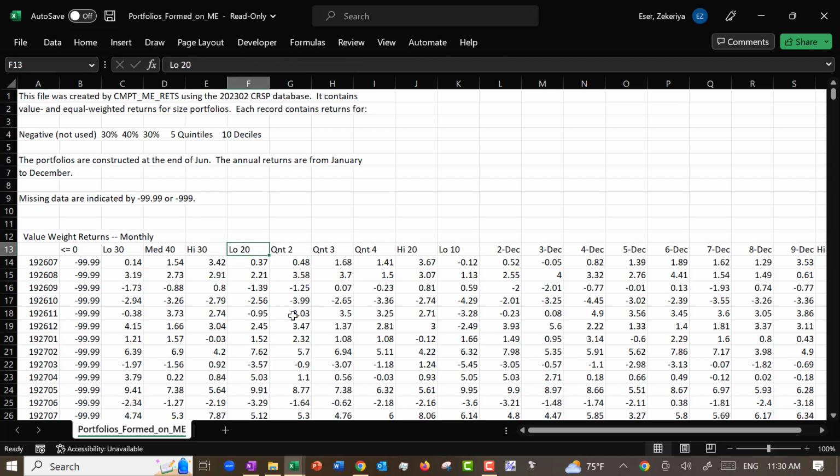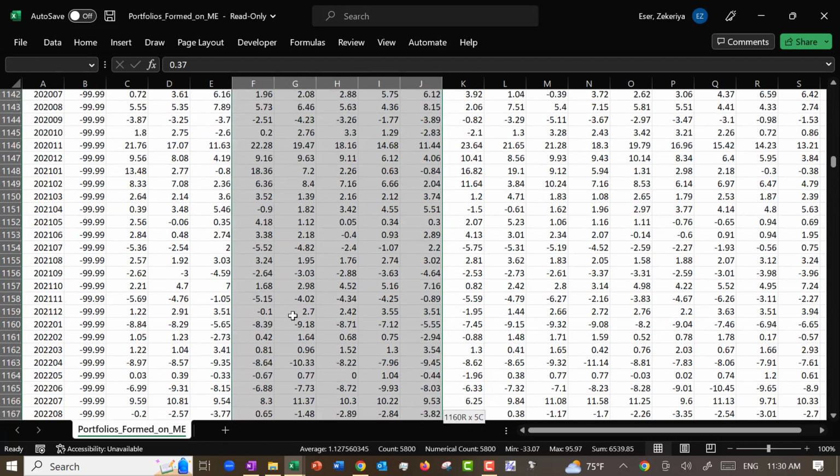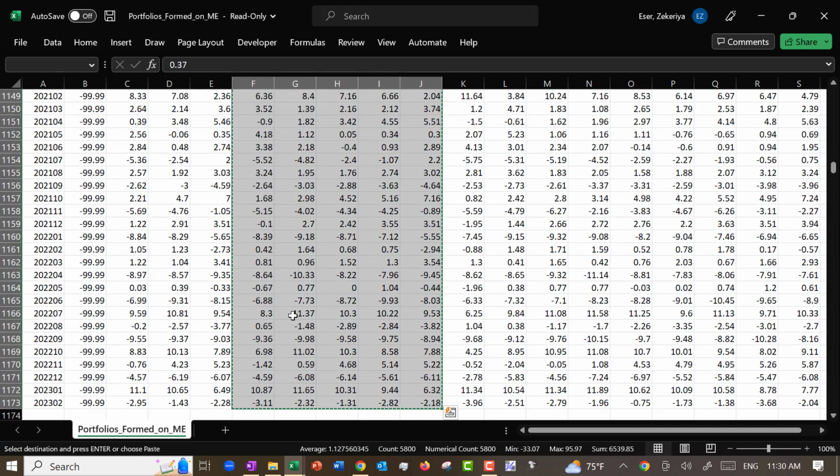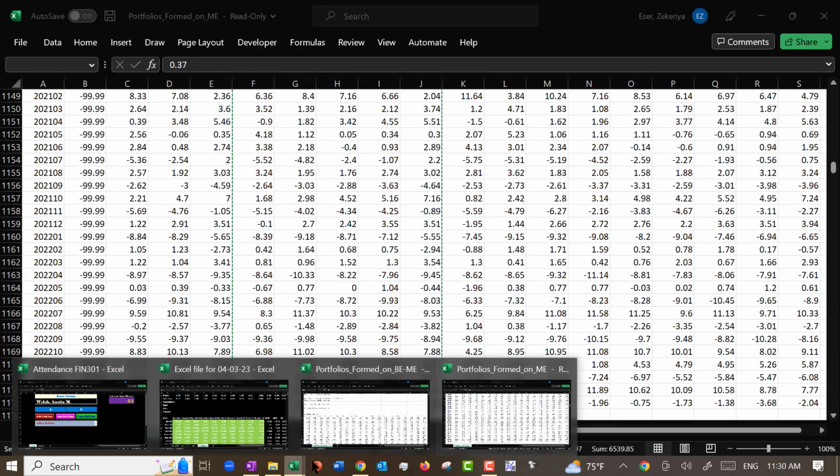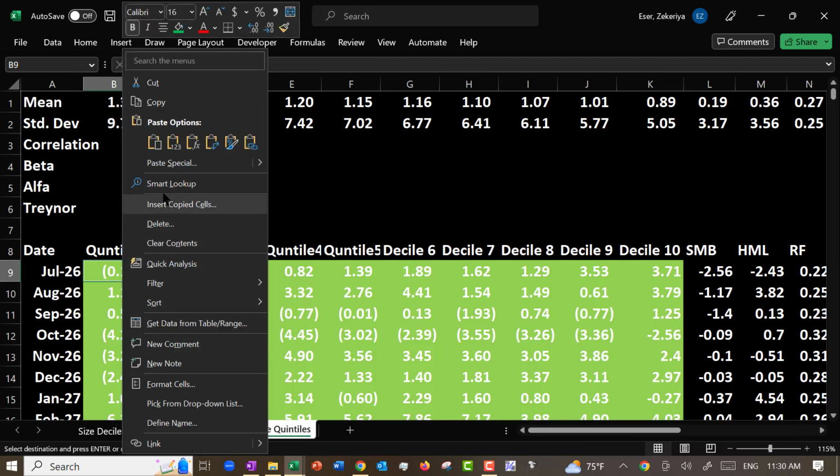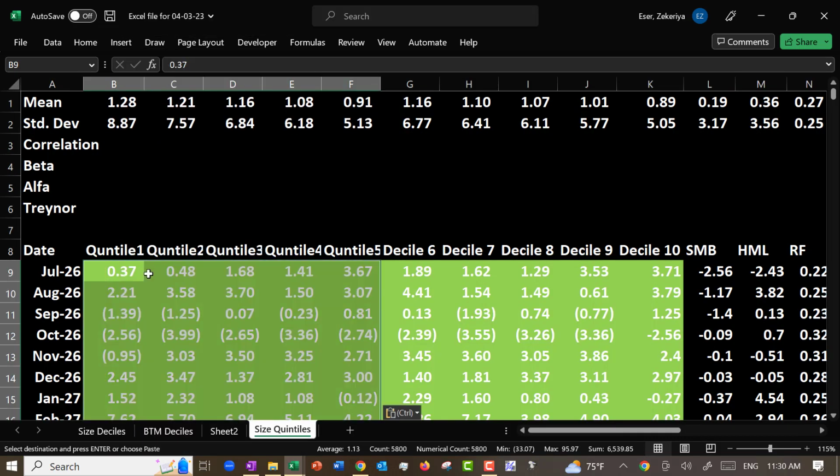They are the ones over here. Remember, lowest quintile means the 20% of the firms that are smallest, if you're sorting based on size.